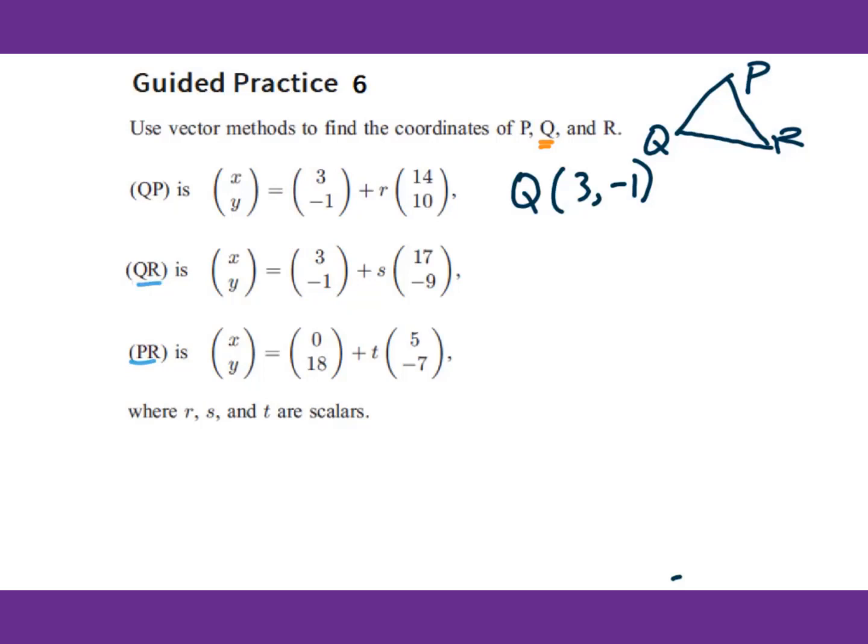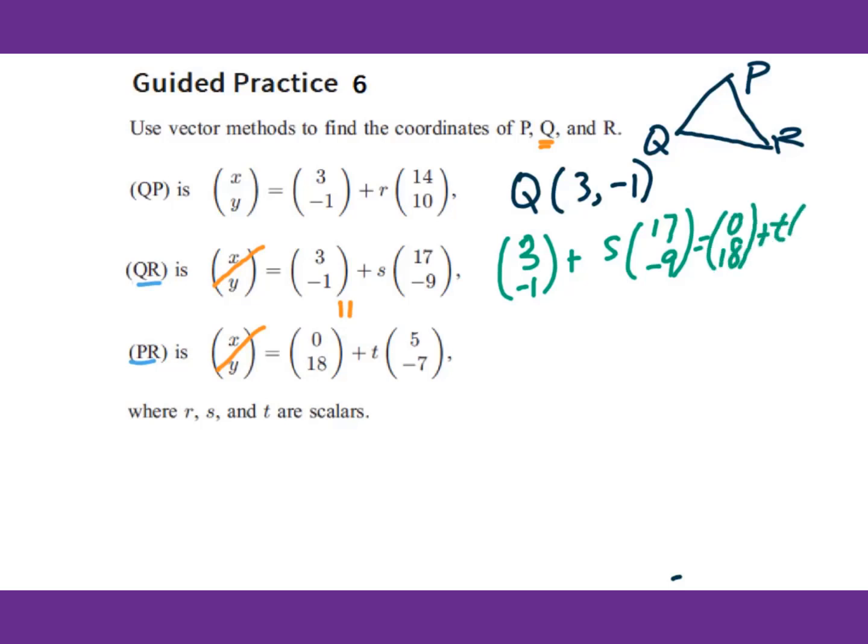Now I use the vector equations for QR and PR to figure out R. First of all, we will set up these two equations equal to each other. So we set up 3, -1 plus s times 17, -9 equals 0, 18 plus t times 5, -7.